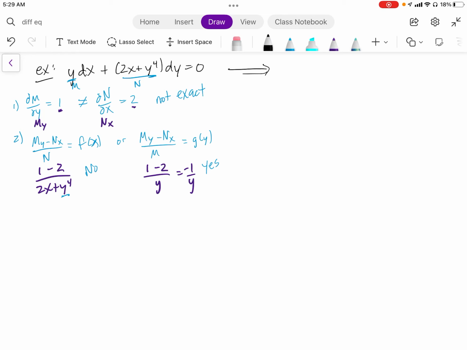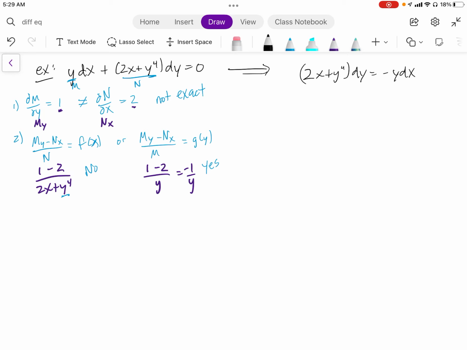So let's move the y dx to the right hand side. I'm just going to rewrite this as negative y dx. Always shoot for separation of variables. This one, I don't see it's going to work.